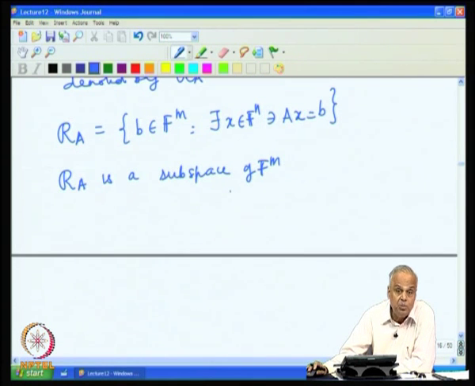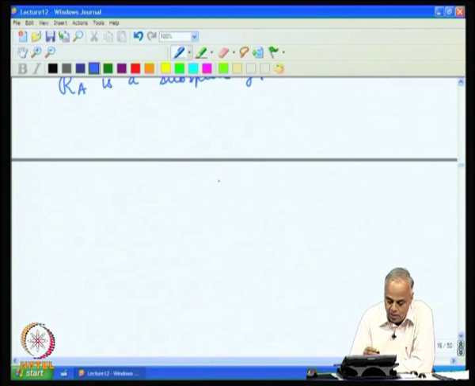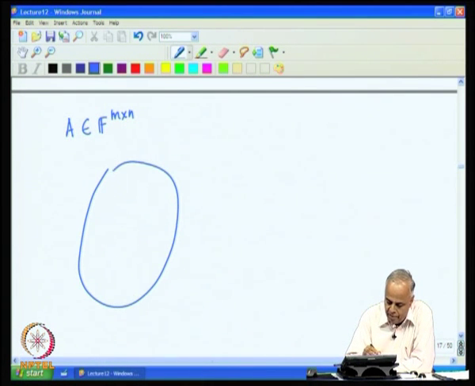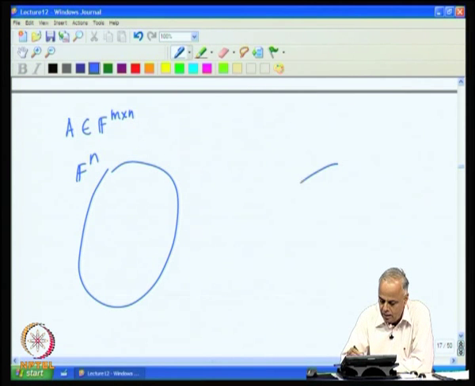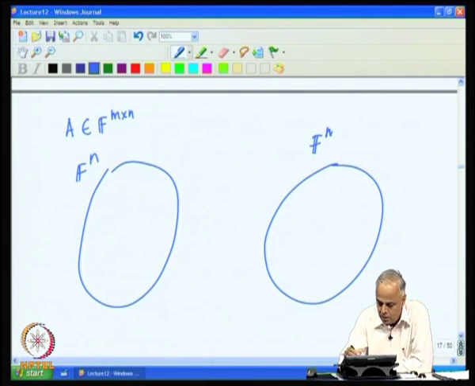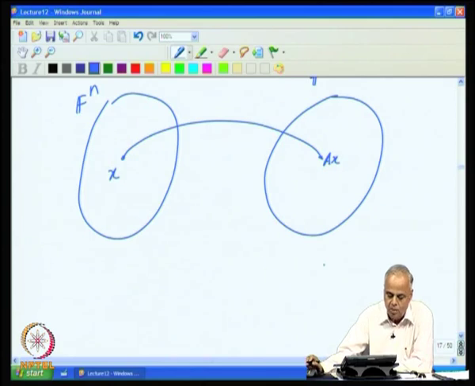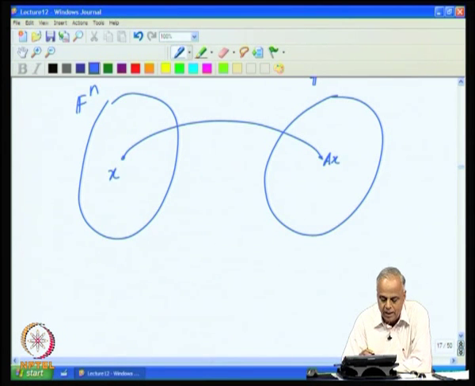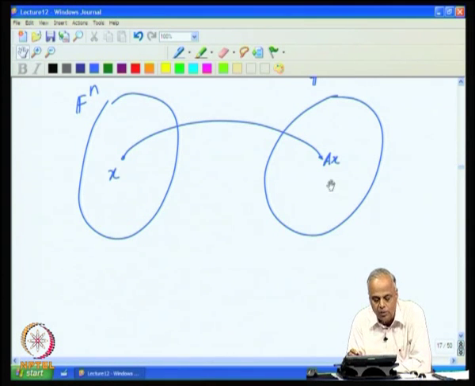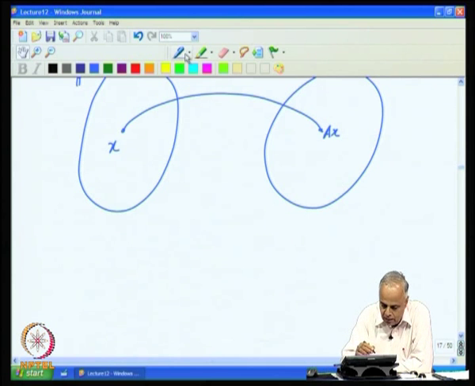So far we have seen two subspaces associated with the matrix. Let us say A is in Fmn, we have Fn here and we have Fm here. What the matrix does is it takes a vector x in Fn and maps it to a vector Ax in Fm. Now, our null space NA is the collection of all those vectors here which go and fall at the 0 vector here. So, how do we get the null space?